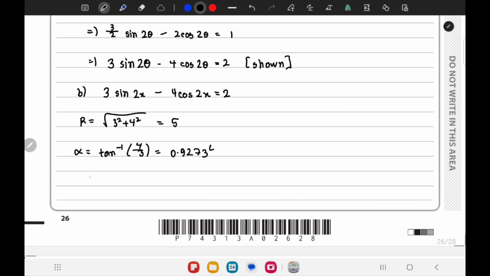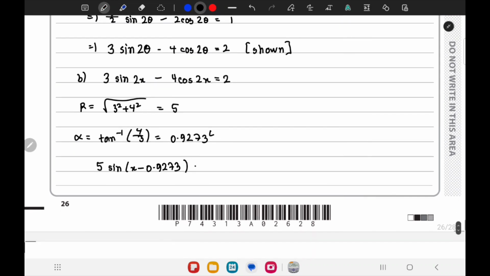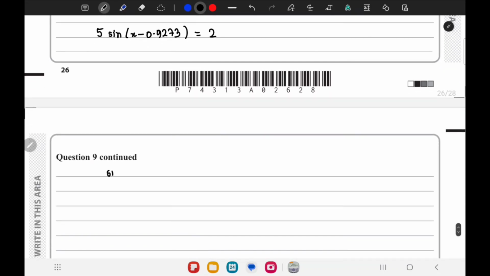So we can write this as 5 times sine of 2x minus 0.9273. The minus is due to this negative sign before the cos, and this will be equal to 2. So sine of 2x minus 0.9273 will be 2 by 5.